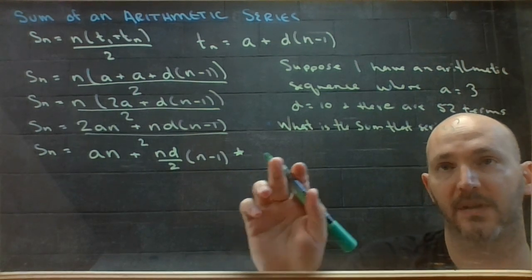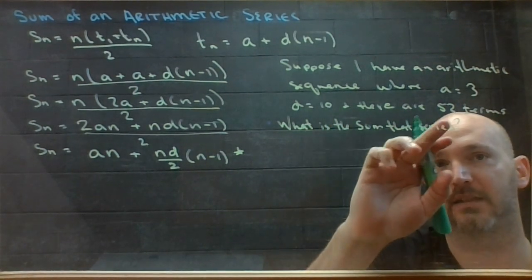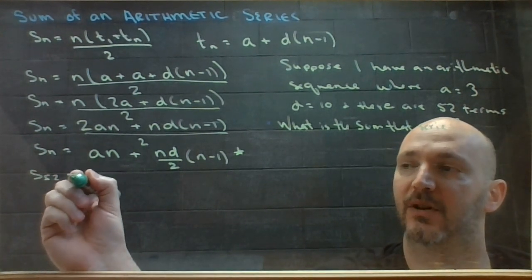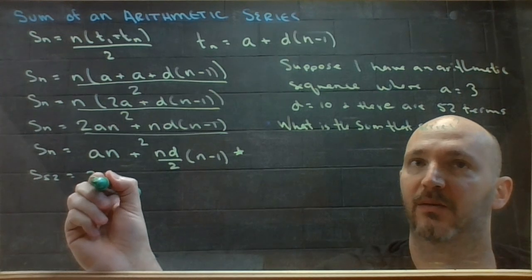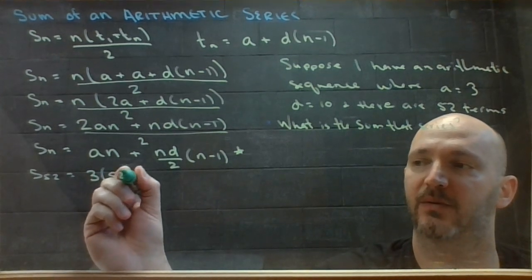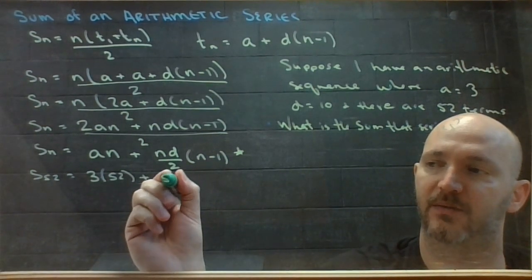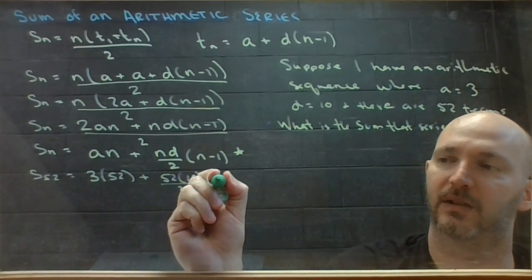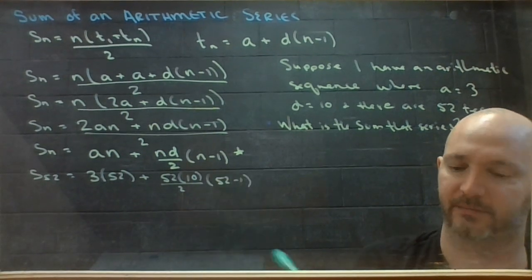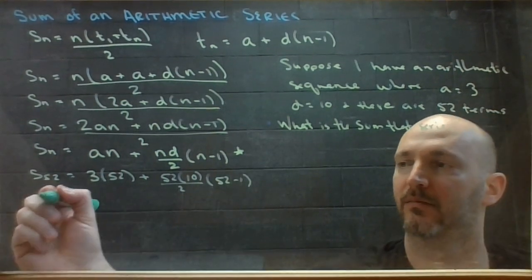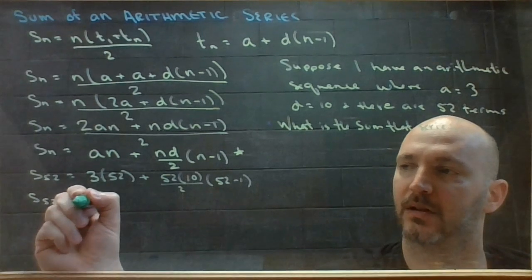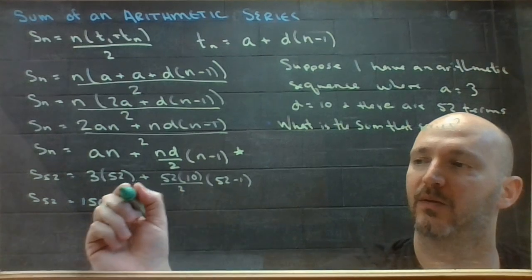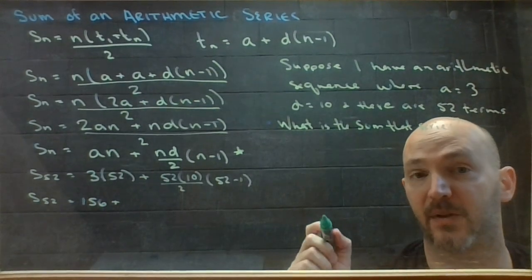Well, I've got a formula there that just needs an a, a d, and an n value. So S, the sum of the first 52 terms would be 3 times 52 plus 52 terms jumping by 10, and 52 terms less 1. The 3 and 52 is 156. 52 times 10 is 520.